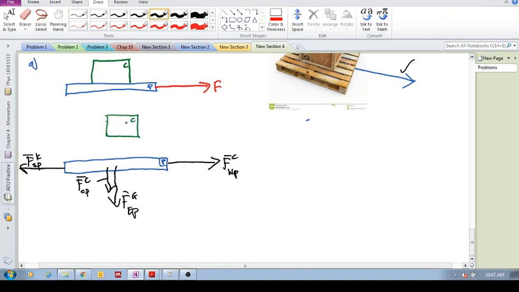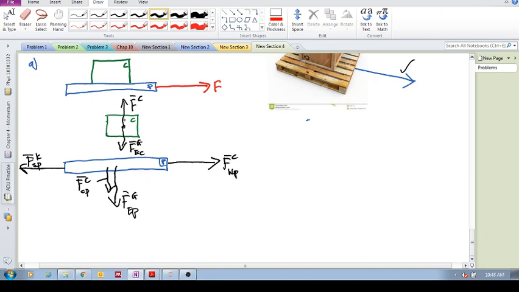What's happening on the crate? I haven't aligned these up, by the way, but this is the force of gravity, earth on the crate, pulling the crate down. But then you've also got a contact force. There's this contact force between the pallet and the crate, and it is an equal and opposite force.